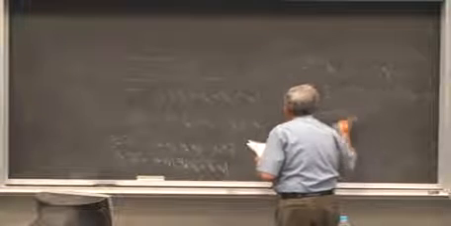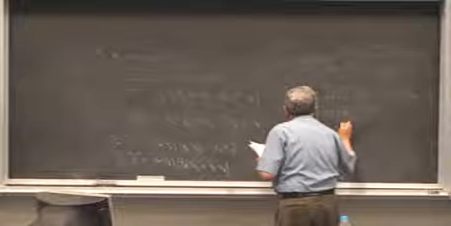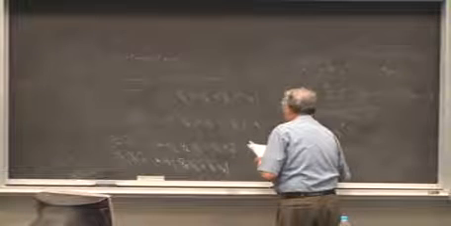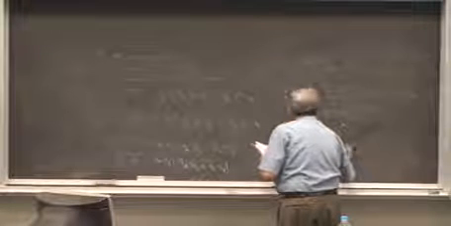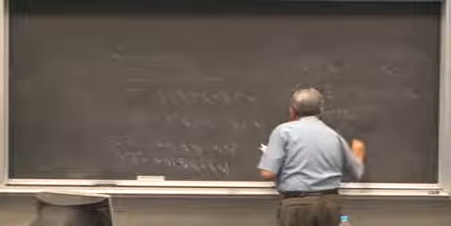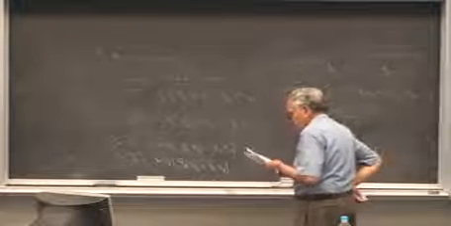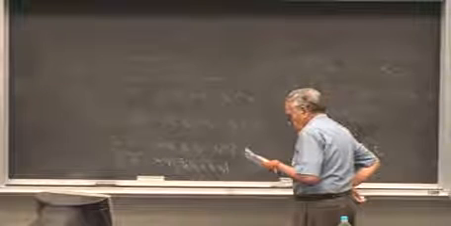There I called it J lambda, here I am calling it F lambda, where F lambda was e over 2c epsilon lambda mu nu F mu nu.